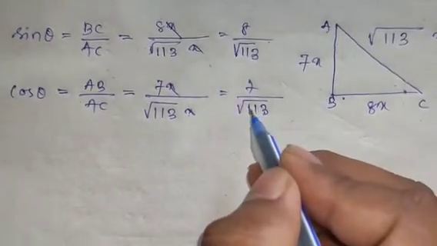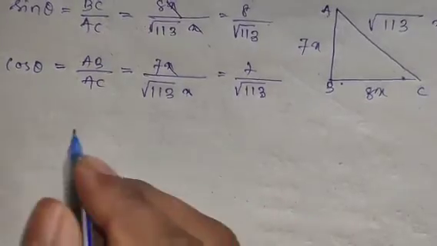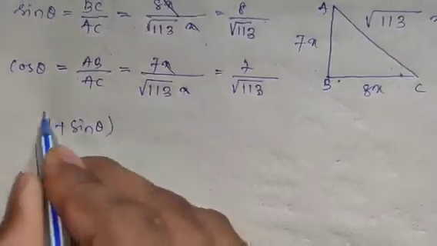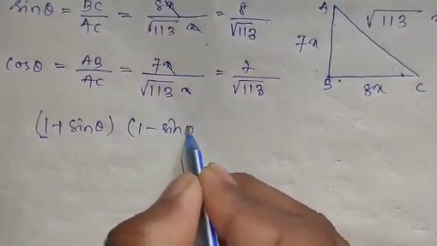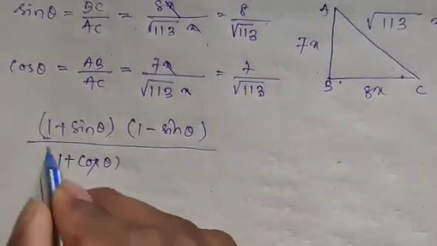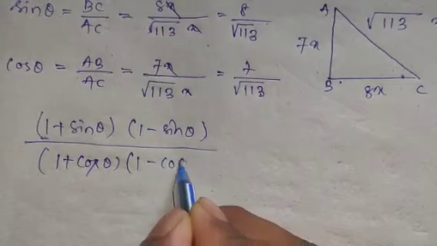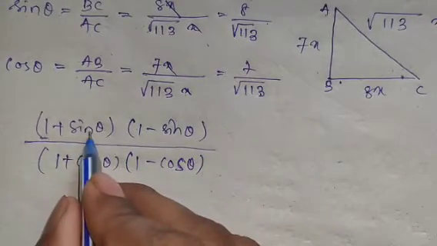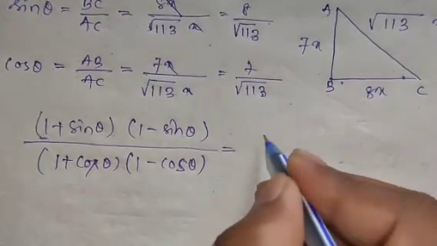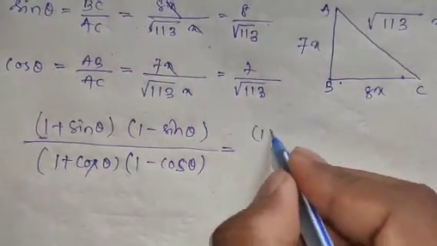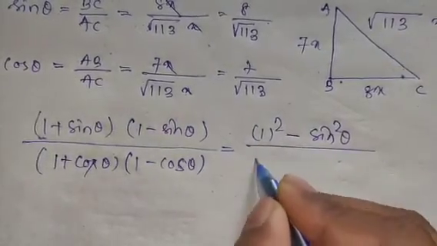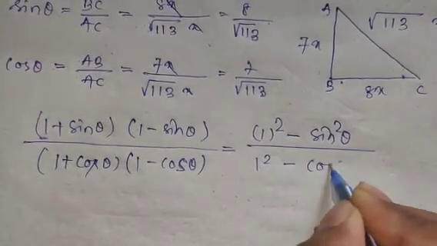Okay, here we have to evaluate (1 plus sin theta) into (1 minus sin theta) divided by (1 plus cos theta) into (1 minus cos theta). So we know this is in the form of (a plus b) into (a minus b). So we can write a square minus b square, that means 1 square minus sin square theta divided by 1 square minus cos square theta.